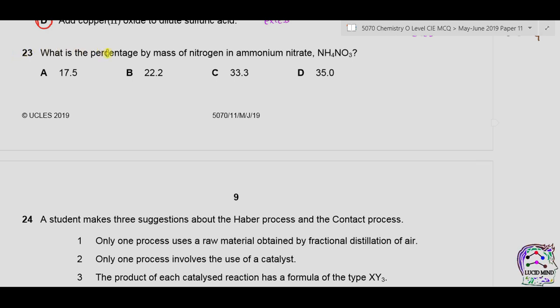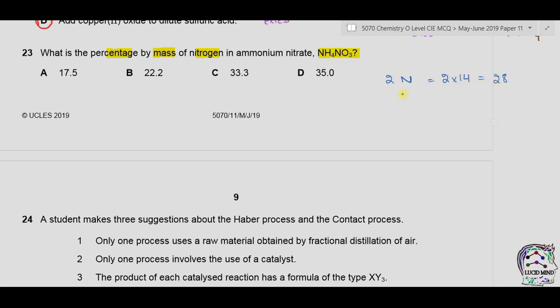Question 23. What is the percentage by mass of nitrogen in ammonium nitrate? The formula of the compound is NH4NO3. Let's find out the molecular mass of NH4NO3. We have 2 nitrogen atoms. For 1 nitrogen, the atomic mass is 14, so for 2 it will be 28.